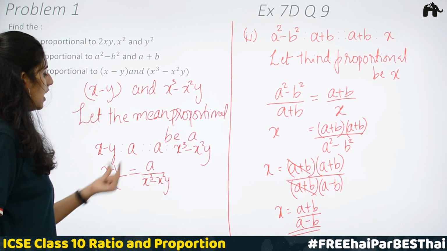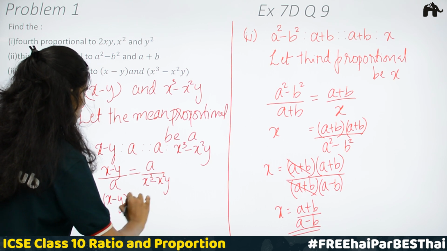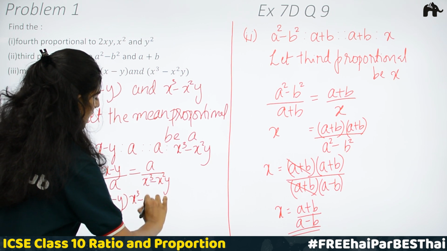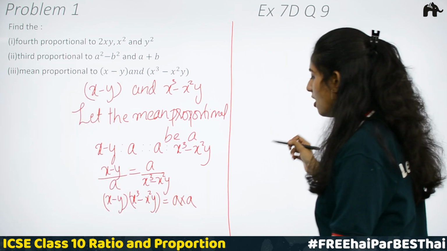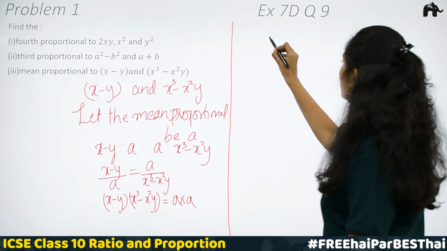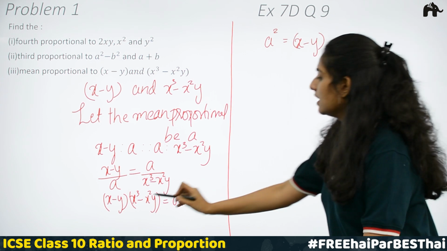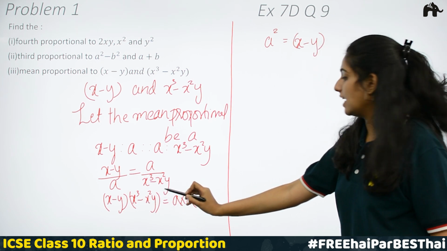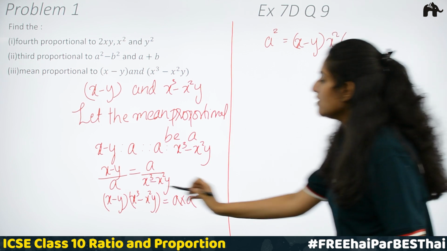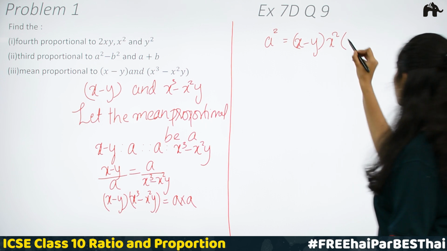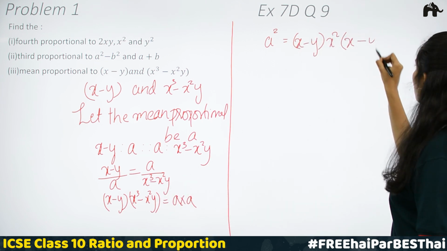Okay, taking a to the opposite side, this becomes x minus y into x cube minus x square y is equal to a into a, or a into a is a square. a square is equal to x minus y into x cube minus x square y. We can take x square out, x square is common; remaining we have x square into x is x cube, x square into y is x square y, minus y.